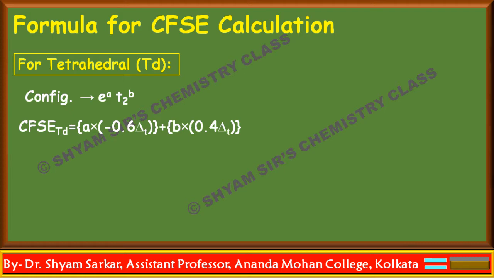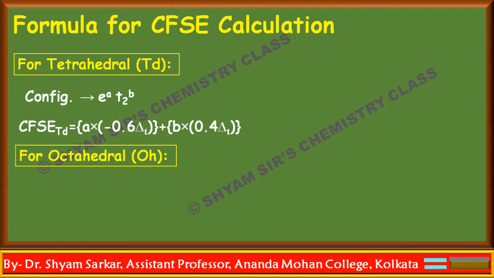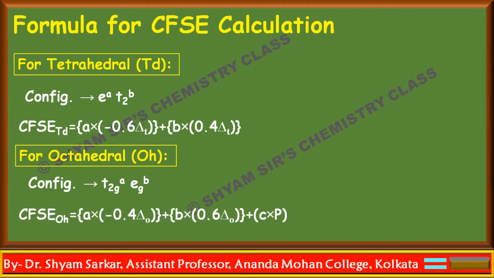And for octahedral field, if any metal ion is having electronic configuration like t2g to the power a and eg to the power b, here also a and b are the number of electrons in t2g and eg level respectively. So CFSE for octahedral field will be equal to a into minus 0.4 delta O plus b into 0.6 delta O plus c into P, where c is the number of additional electron pairs.